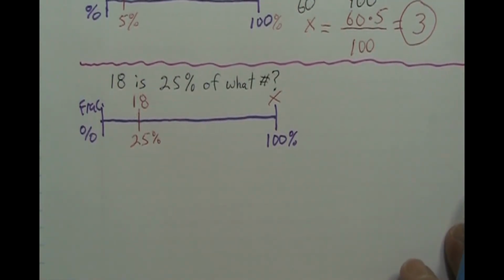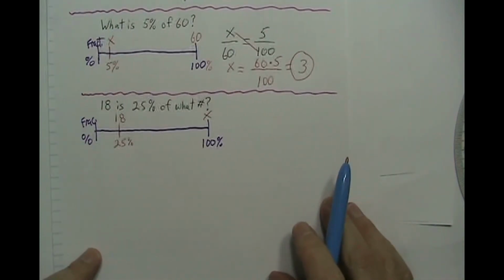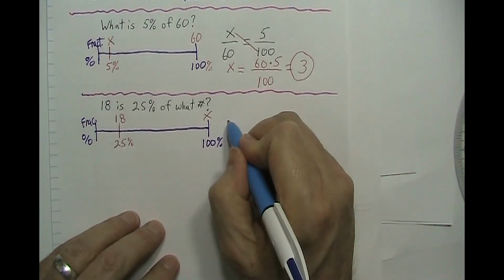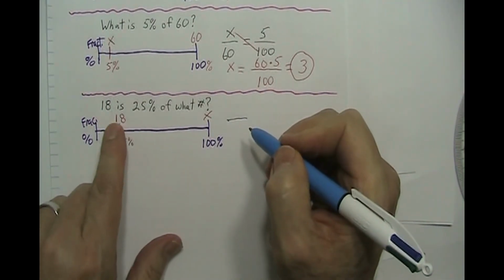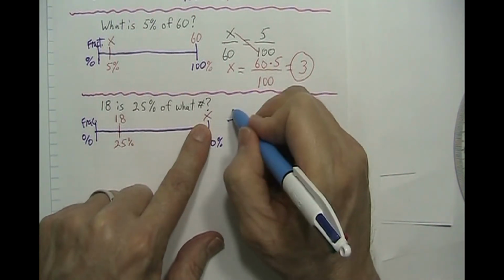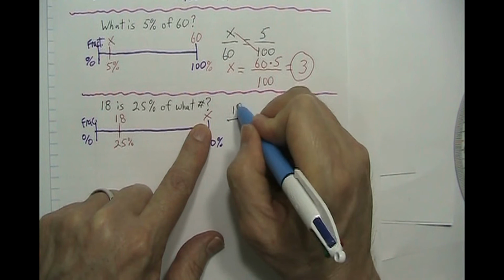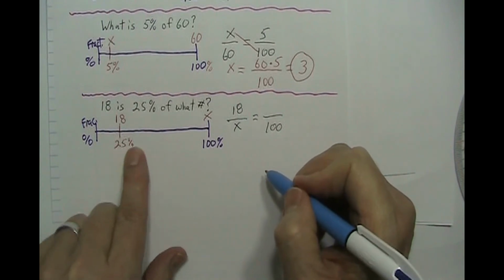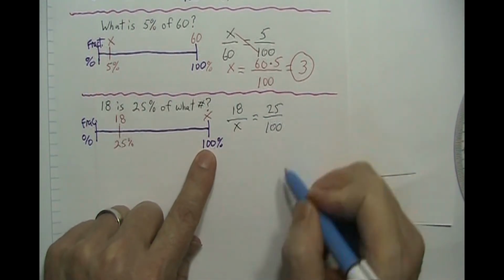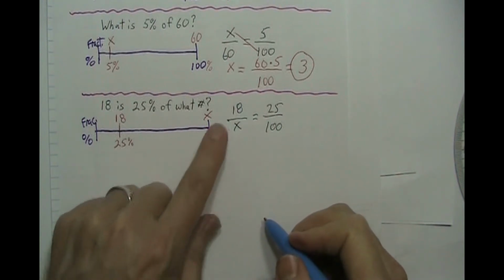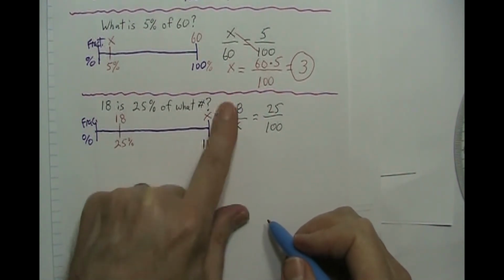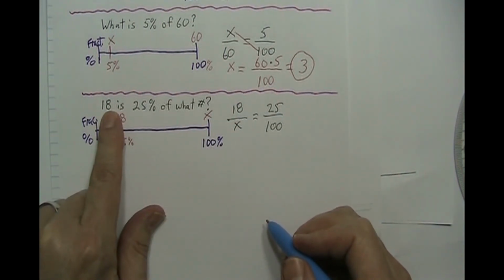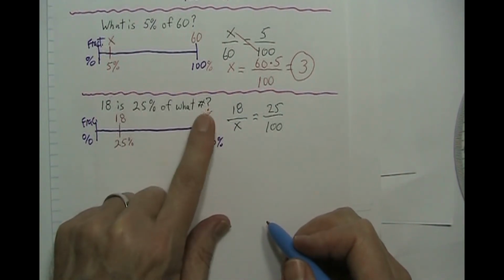Now we set up our proportion next to it. There's 18 out of something, which is the same as 25 out of 100. Probably the hardest part is figuring out which one goes on the top and the bottom in this fraction. Remember, this is our is number, and we don't know the of number. Of is the total.